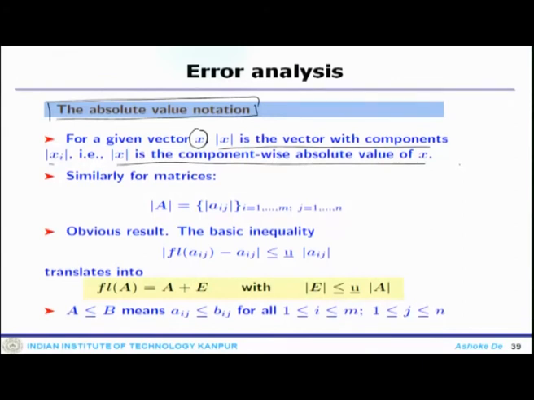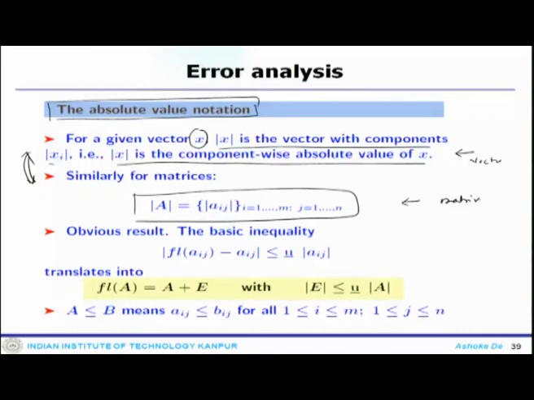So, if you look at the similar property for matrices, mod of A is equivalent to mod of Aij. So, these are the two things, one is applicable for vector, other is for matrix, and most of the time these properties are using the properties of vector.